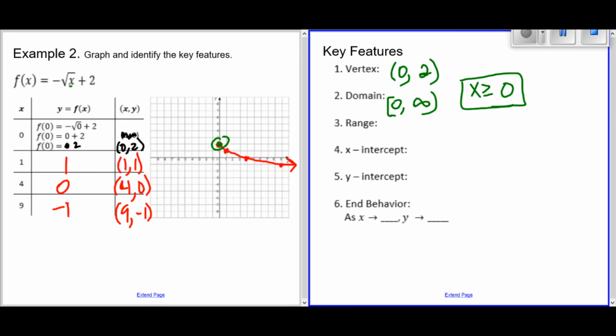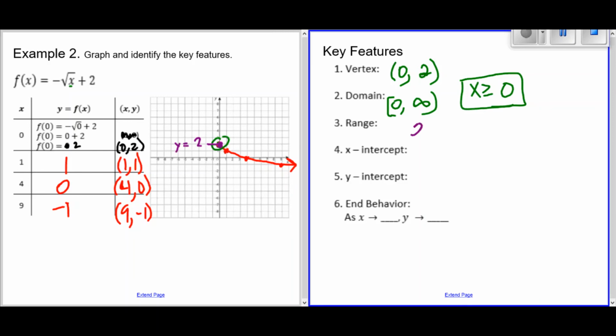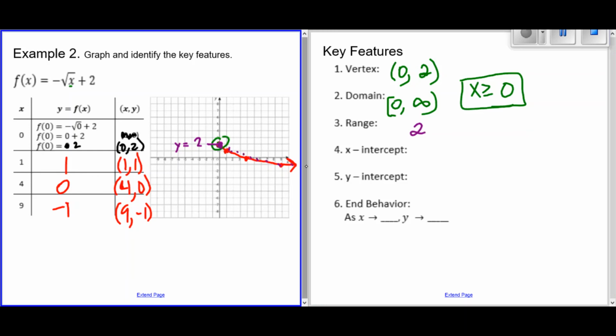And then the range. For the range, again, you're looking at your starting point. What's the y value of your starting point? This has a y value of 2. So I know my range is going to have a 2 in it because that's a starting point. And then notice my graph, all the points go below 2.